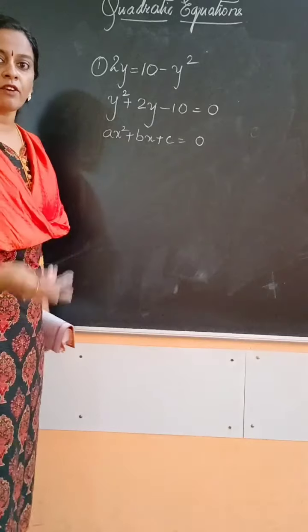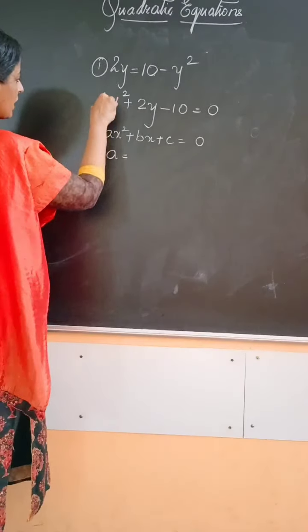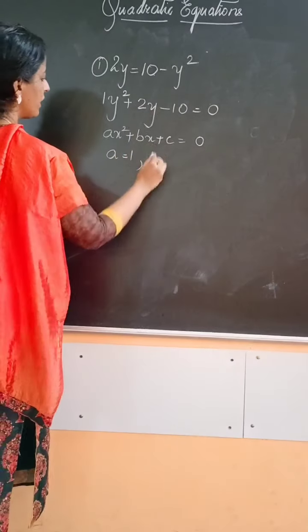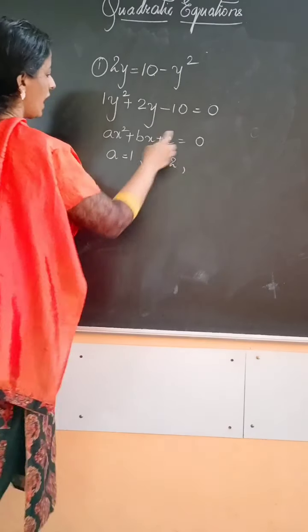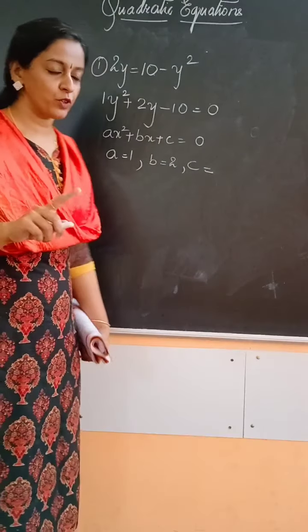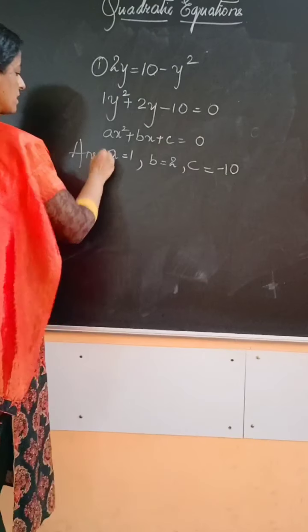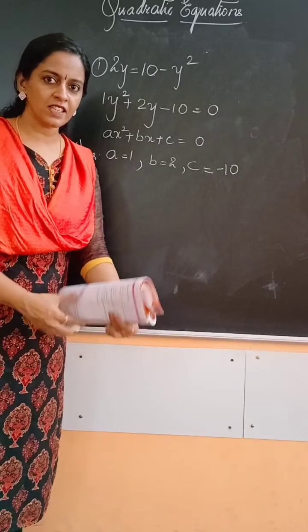So what is the value of a, b and c? A is nothing, means 1, b will be 2, and c is, what is in place of c? Along with the sign you have to write minus 10. This is the answer. As simple as it is.